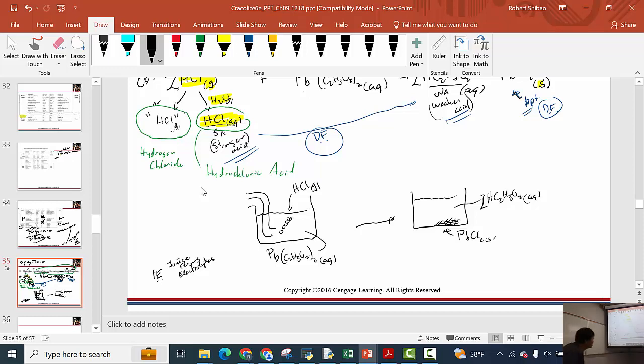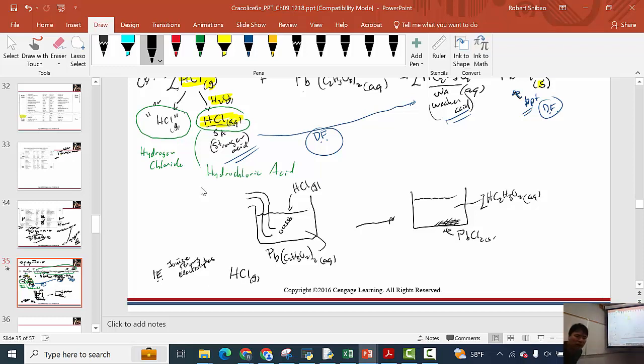In reality, HCl gas is soluble in water, and it's going to ionize because it's a strong acid. But since they're giving us HCl gas, we'll just leave it as HCl gas. So it's a little bit ambiguous what we should do with HCl gas. And so I'm just going to leave it as HCl gas here. That's what we're using to bubble in here.